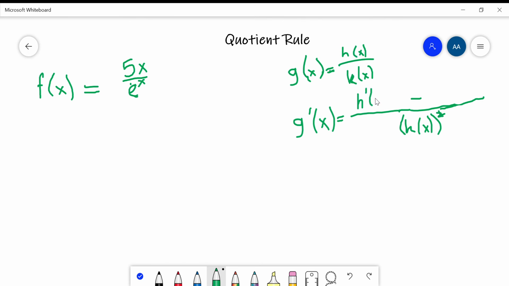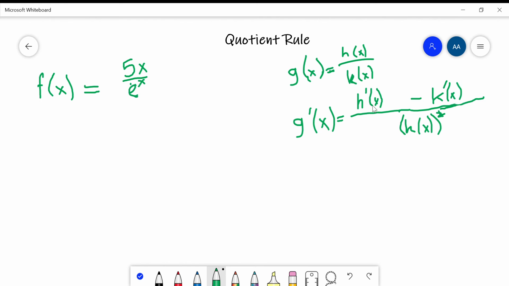And since this is such a big formula, some people find acronyms and other forms of memorizing this, but I typically just find it easier to just remember that the top one goes first, bottom one goes second, in terms of who you take the derivative of.